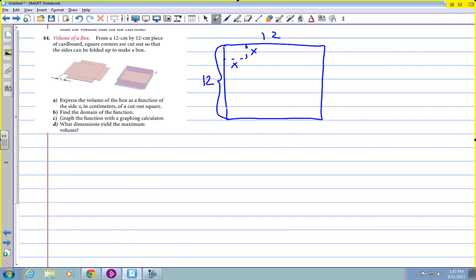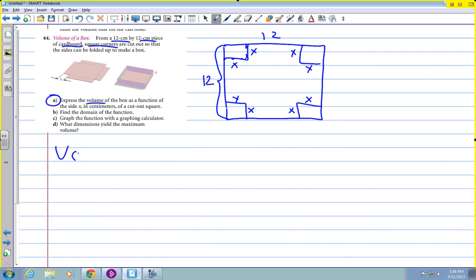So you cut out square corners, and the dimensions of each square corner is x by x. Then you fold the thing and you get yourself a box. Now can you come up with the volume of the box as a function of x?